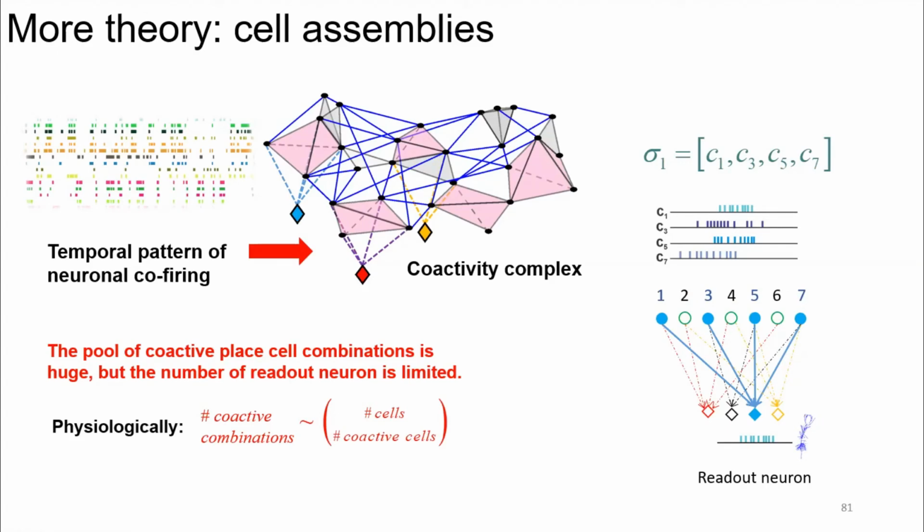Something needs to be done, and what needs to be done is clear. If we cannot count all coactivity combinations, we have to count only special ones. We have to extract combinations of cells that are in some sense more important than others, and call them special combinations.